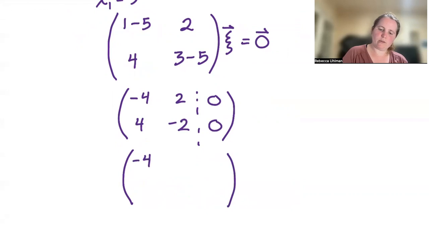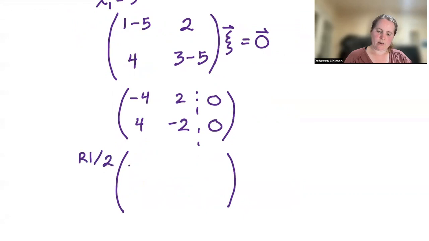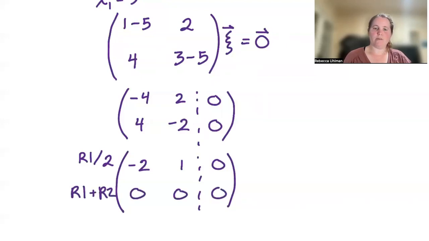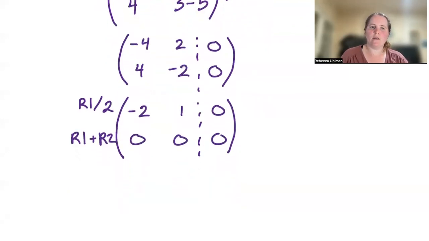If we do row 1 divided by 2, we get -2, 1, and 0 for our first row. And if we then do row 1 plus row 2, they cancel out and we have 0, 0, 0 for our second row.